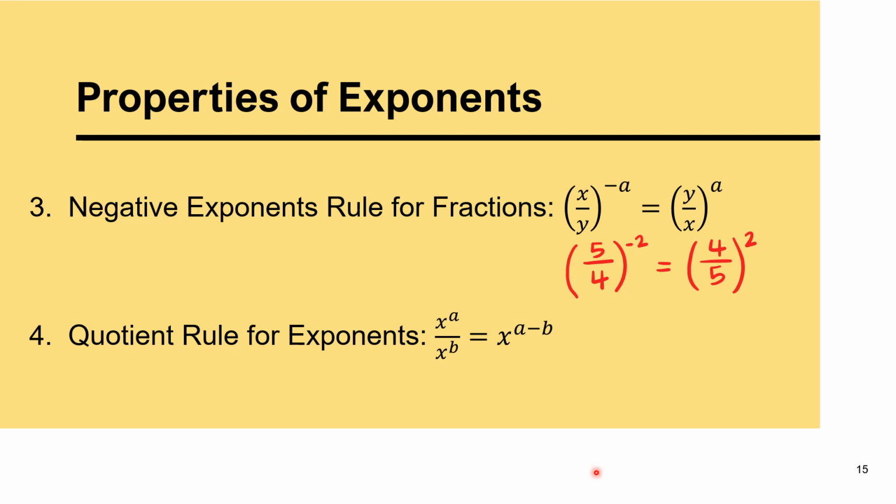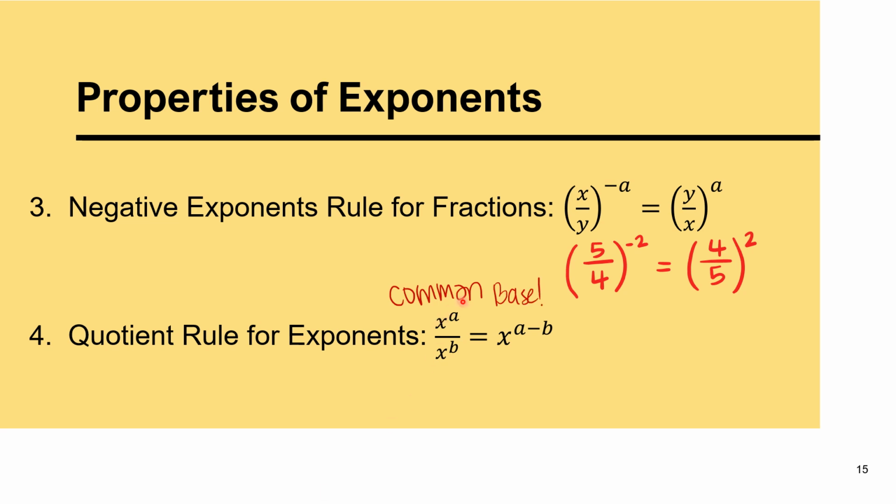All right, and then our quotient rule for exponents says that if you are dividing 2 terms that have a common base, just like when we're looking at property number 1, these 2 have a common base.